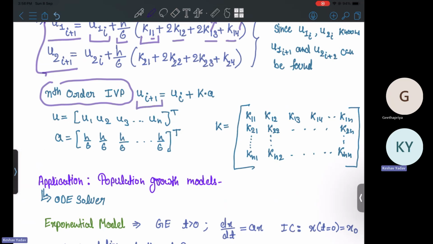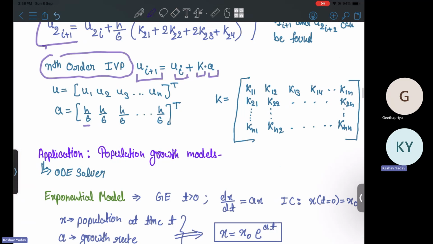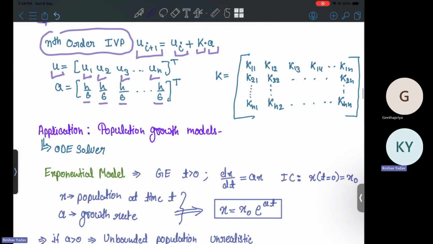Then ui plus 1 will be equal to ui plus the k coefficient matrix multiplied by a. So a will be what? h by 6, h by 6, h by 6, transposed, meaning a column vector. Similarly, this u will be u1, u2, u3 to un, a column vector, and there will be a coefficient matrix of k.